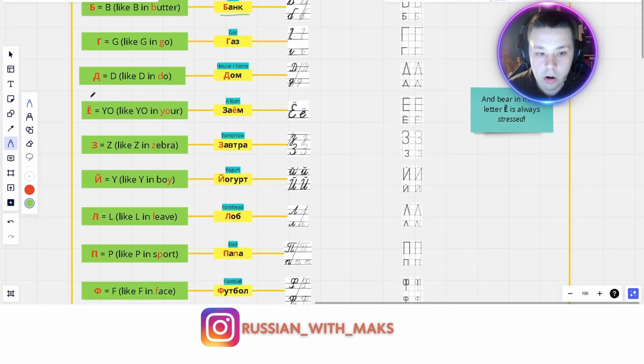Letter yo, which looks like letter Y with two dots above. Yo, like yo in your. Zayom, zayom. Next letter is letter Z, which looks like number 3. Z as in zebra. Завтра, завтра.